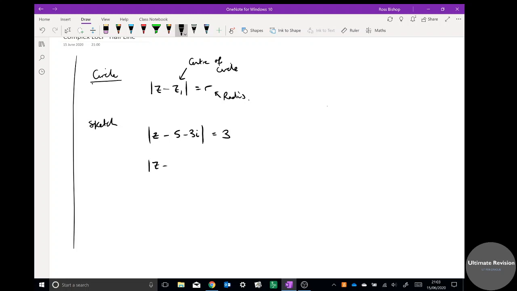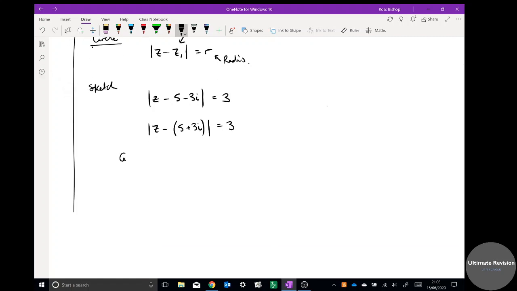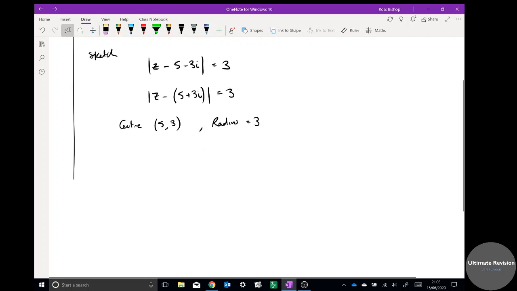So you need to rewrite it as the mod of z minus (5 plus 3i) equals 3. So you've got it in the correct form. And then you know that the centre is going to be 5, 3, looking at it in a coordinate system, and the radius would be equal to 3.